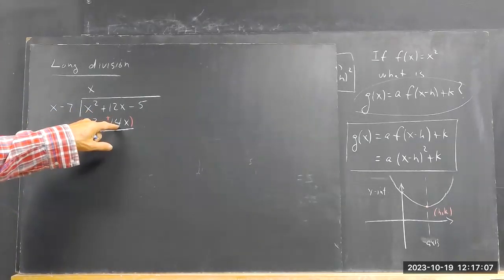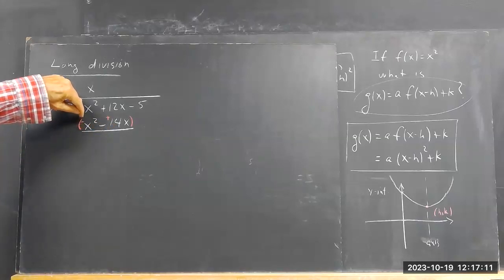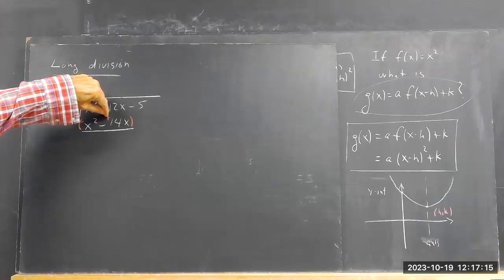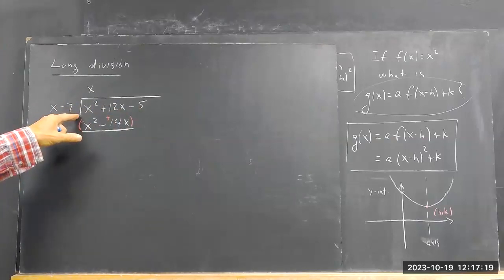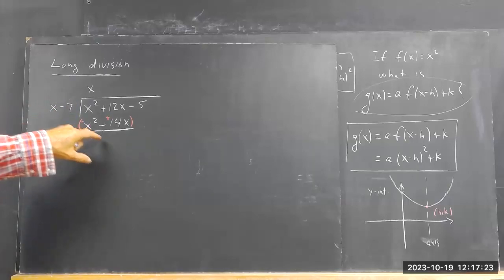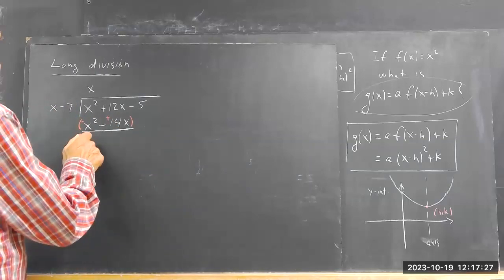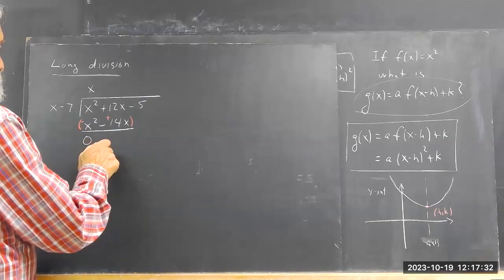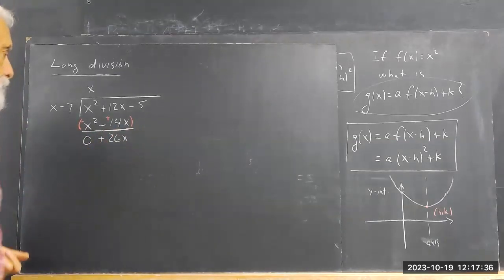I'm not going to change the sign of 14x to plus, but I'm going to write a reminder, a tiny minus sign here and a tiny plus sign here, to remind me that when I subtract these from this, I've got to add a negative x squared and a positive 14x. So this gives me 0 plus 26x.